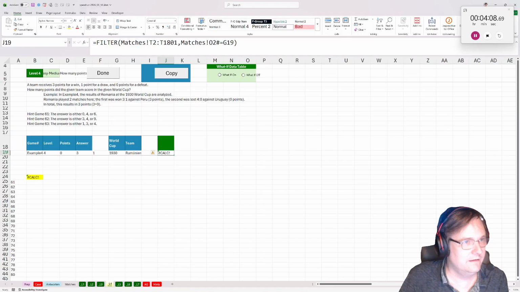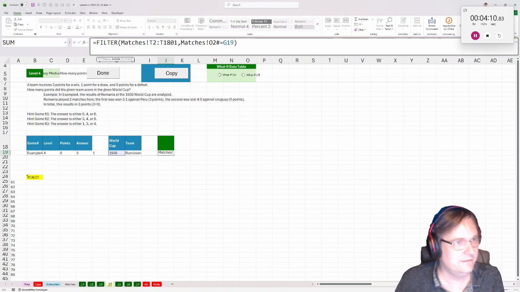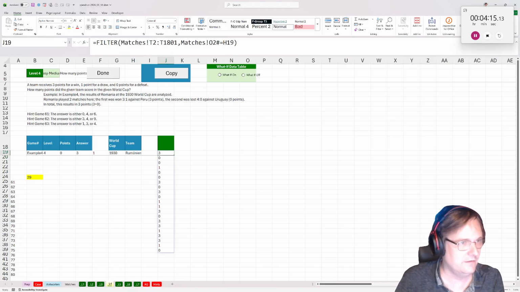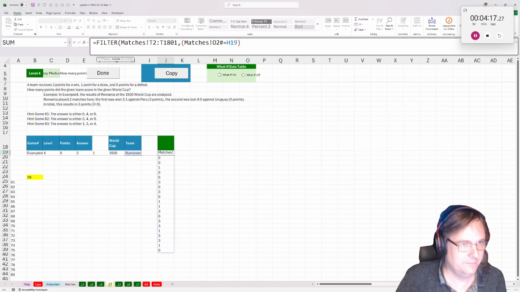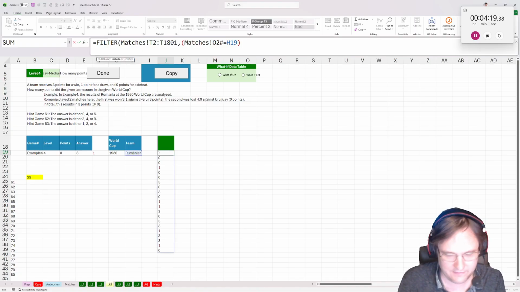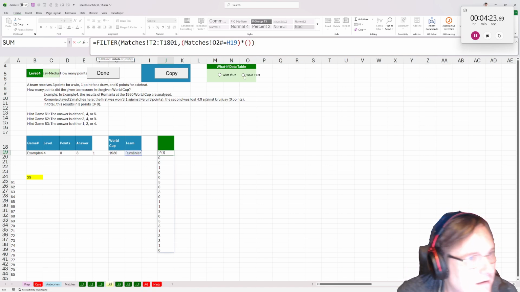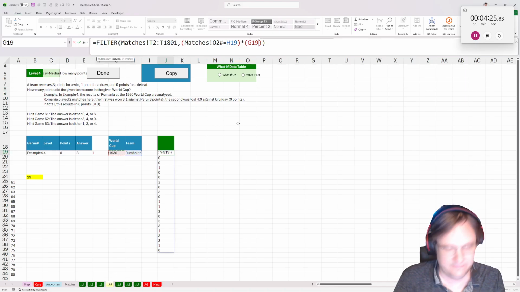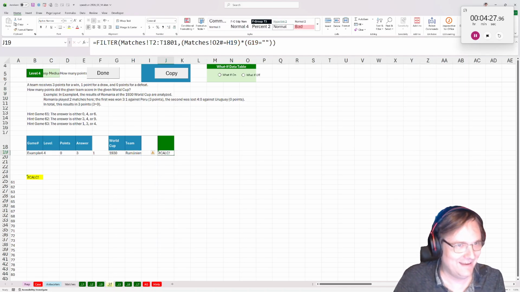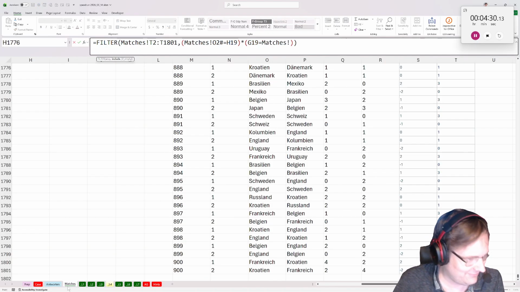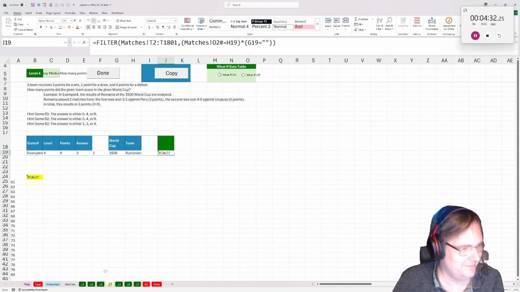Based on the team being the team here, but also the year being the year, right? So to double filter, I put them in parentheses and multiply them like this, because multiplication is like and. And then this equals something, right? So that equals the years, which is not on my table yet.